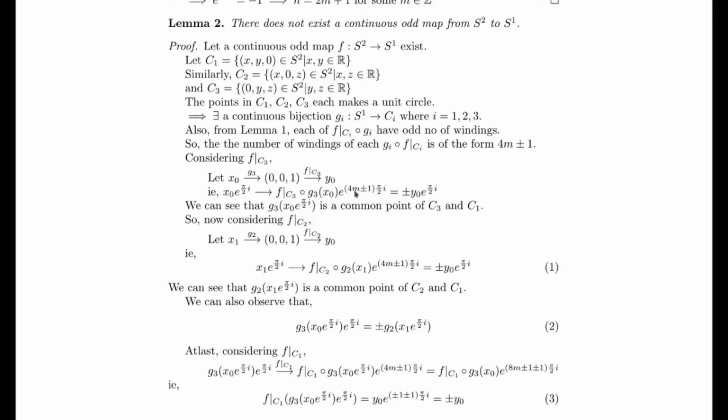Multiplying 2m and pi by 2 makes up m pi, so e raised to 2m pi i is obviously 1. All that is left is to take care of plus or minus 1 pi by 2i. So e raised to plus or minus 1 pi by 2i makes up plus or minus 1 e raised to pi by 2i. So all in all we get this.